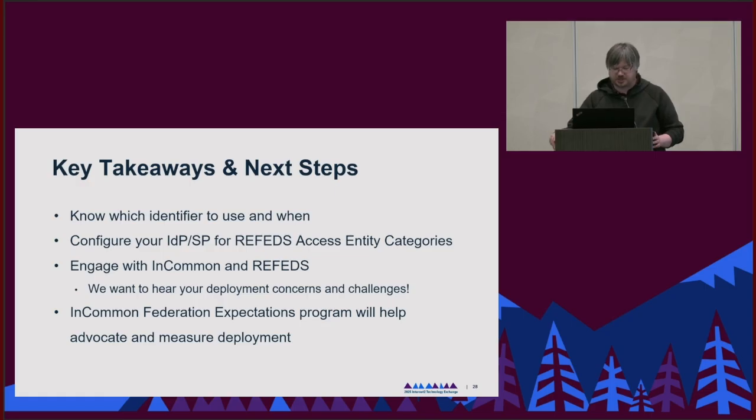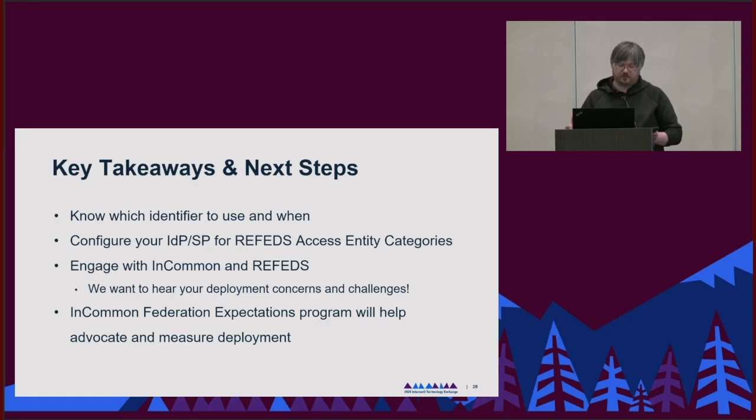In the previous session in this room, you had heard about the Federation Expectation Program, which we're rolling out specifically to address this missing piece: we have deployment guidance ready to go. We've already put in the work. We just need folks to take the next step and adopt it, and then we, as in all of us, need to keep ourselves honest and measure how far we are in achieving the future that we want to achieve.